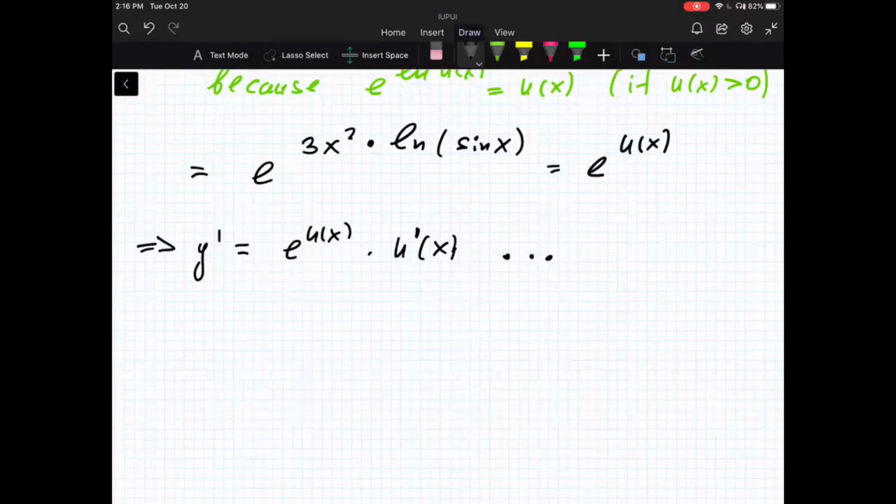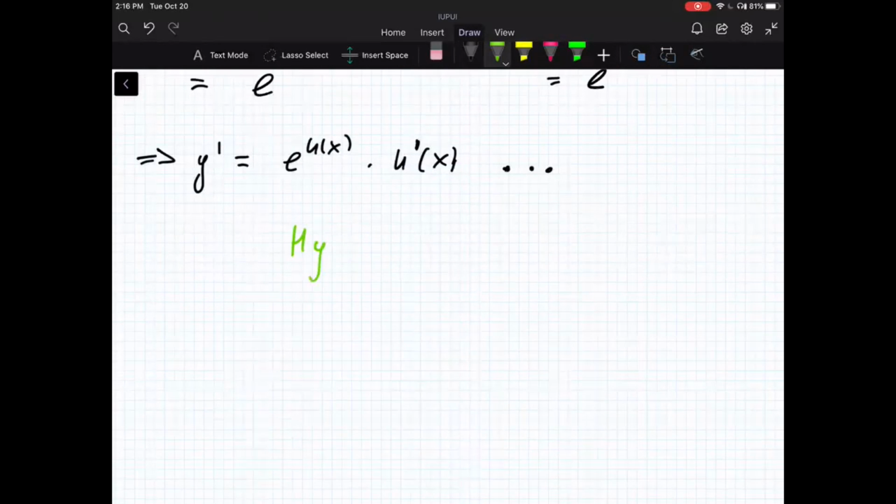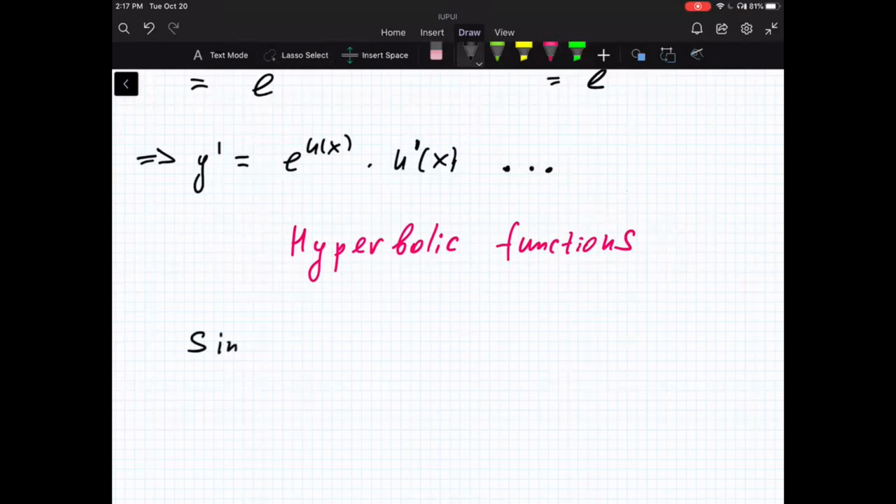Okay, and the last thing in this section that I wanted to mention is that some combinations of exponential functions occur so often that they have been given special names, and they are called hyperbolic functions. And let's discuss them. So what is the definition of hyperbolic sine?